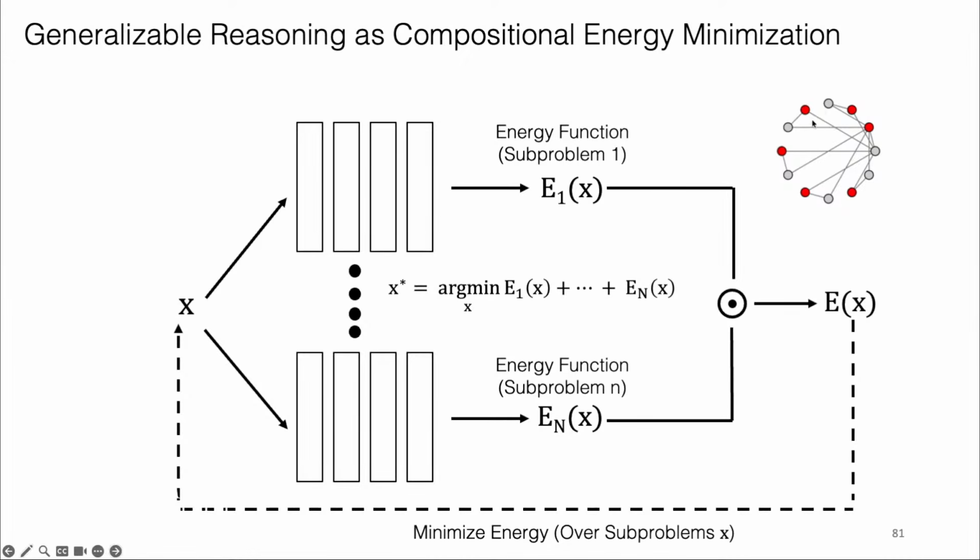So if I have an energy function for this edge and for this edge, for every single edge in the graph, then it turns out that if I directly optimize the sum of the energy functions for all these edges, I can solve this graph coloring problem by summing up these energy functions over the edges.